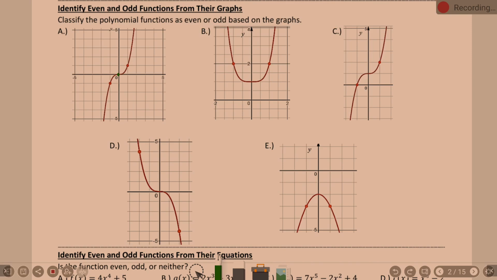So this is indeed odd. I did put kind of explanations. I'm not sure if it said you had to, but I'm going to say symmetric to the origin, or about the origin. Okay? So it's just kind of an explanation for you to remember why later.